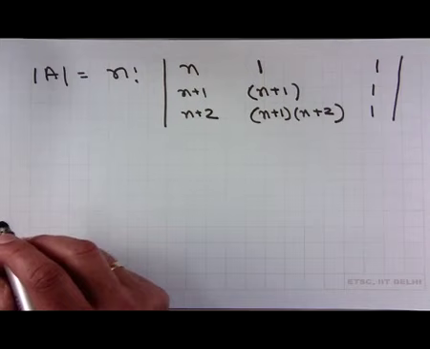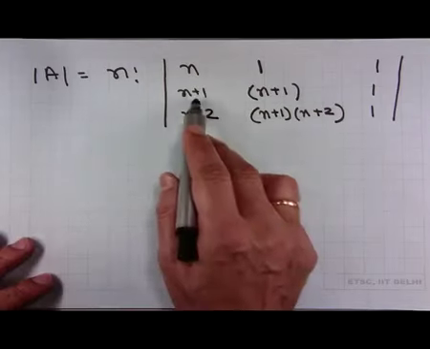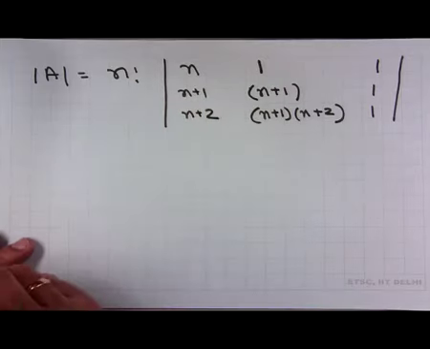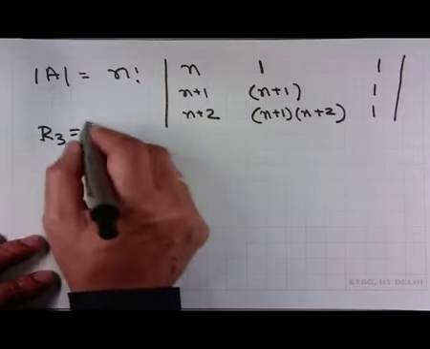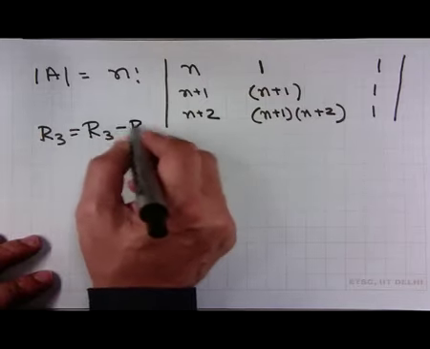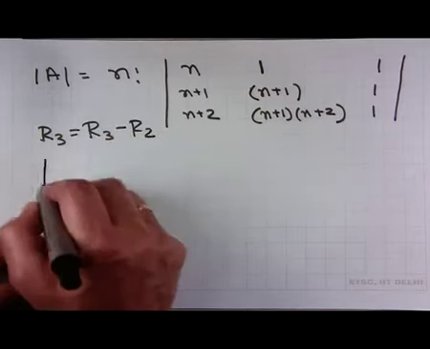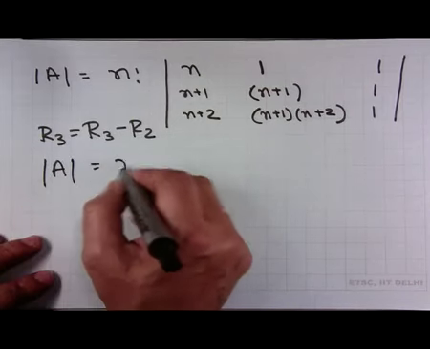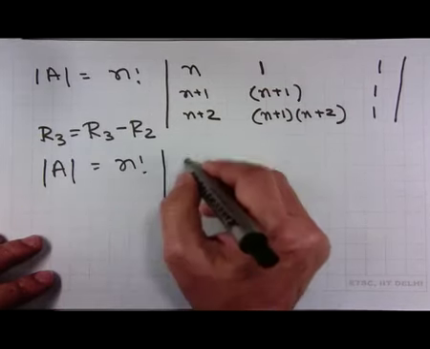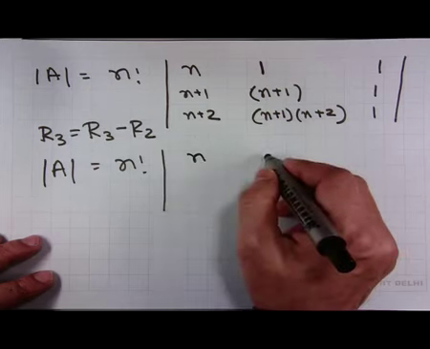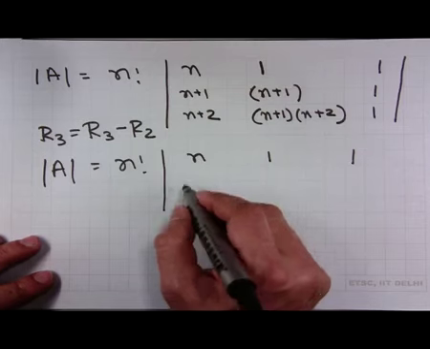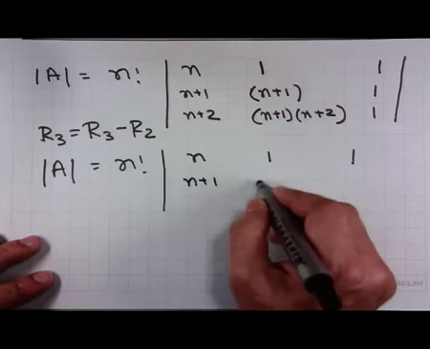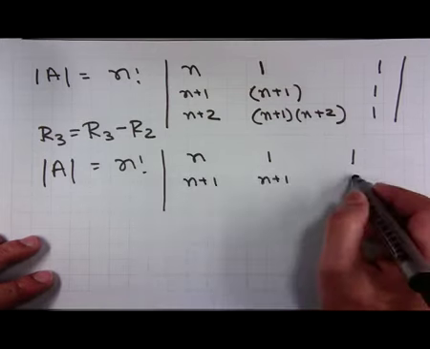Now, what we do? We subtract second row from the third row. Therefore, R3 is equal to R3 minus R2 makes that determinant of A is equal to n factorial into the determinant of n, 1, 1; n plus 1, n plus 1, 1.